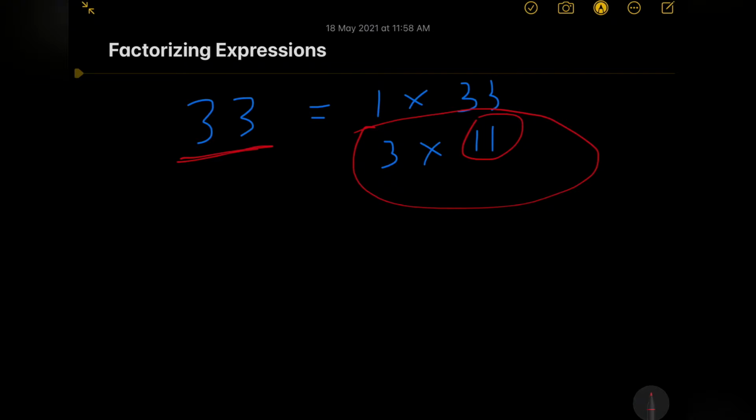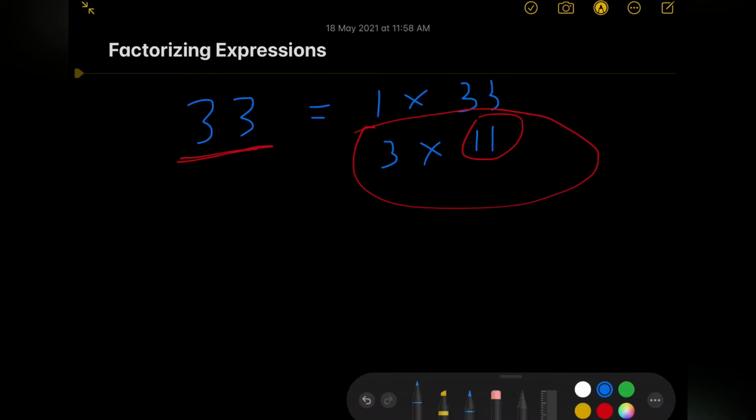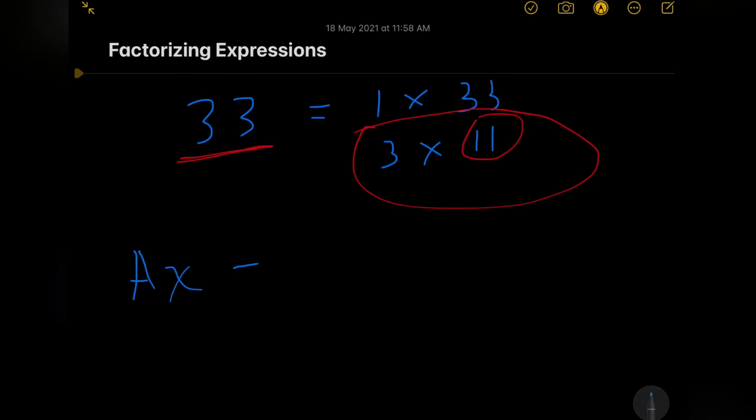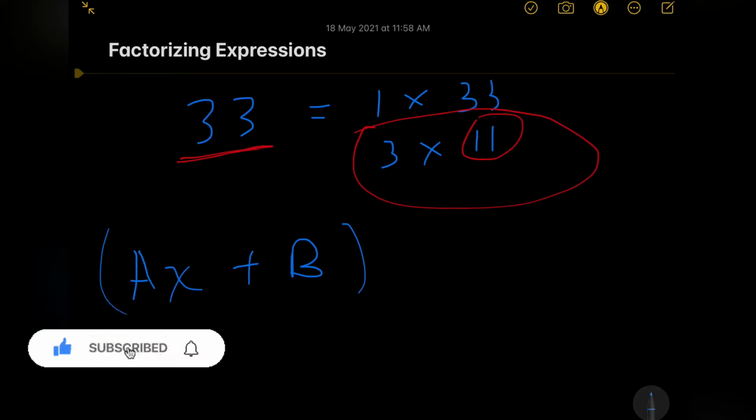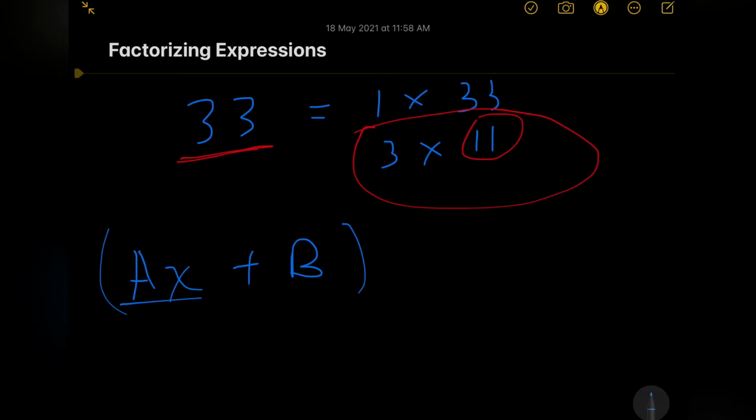We factor terms with unknowns and we go up to polynomial expressions, not only terms that are linear but also polynomials. So say you had something like ax plus b, and you were told to factor this completely. What you would do, you'd look amongst both terms and find the highest common factor and you would take that out.